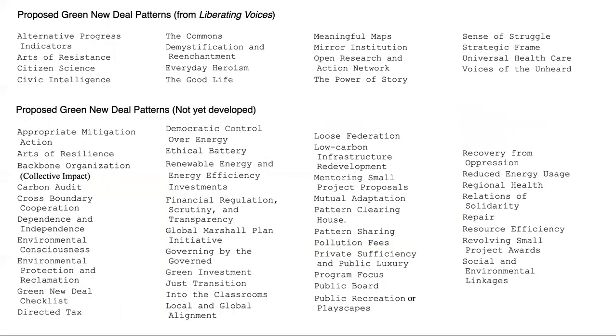Not that we're going to go through this. Oh, I should have put an asterisk on this maybe, but I was trying to come up with something similar for the Green New Deal. The first group is patterns from the Liberating Voices collection. The next one is ones that I pulled out of a lot of the reading I had done, looking at the original legislation in the US, but also a few books and articles, and came up with this big group.